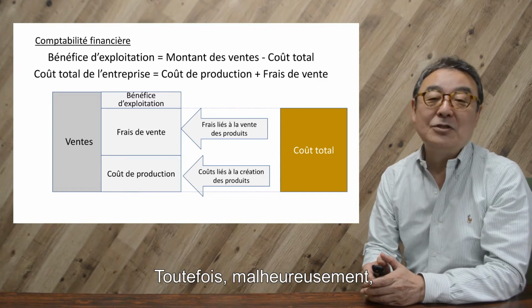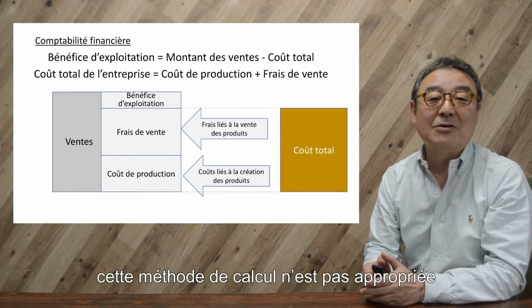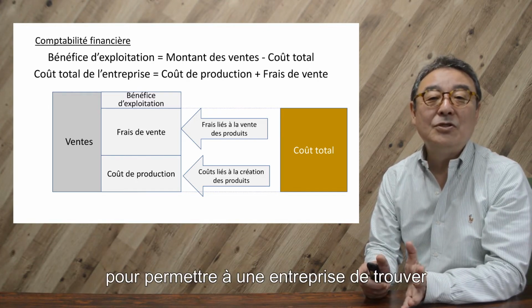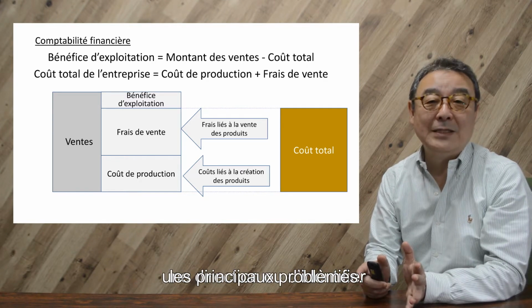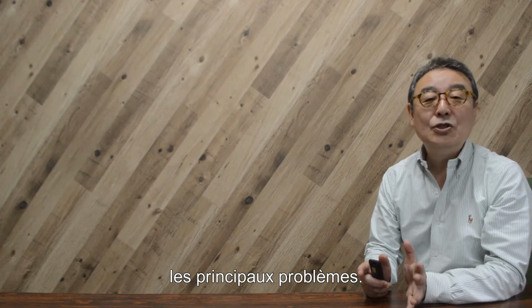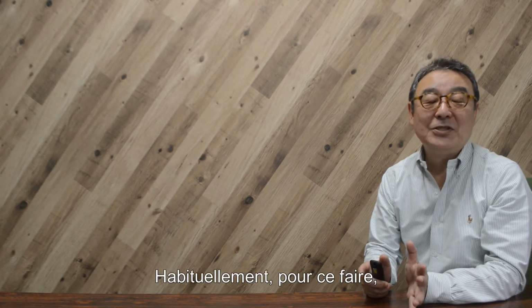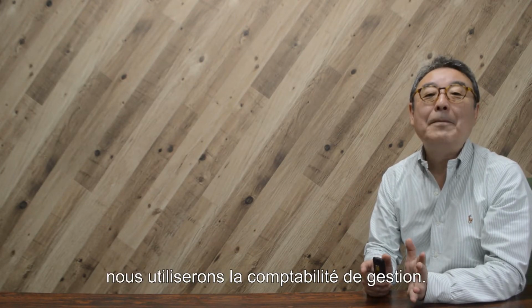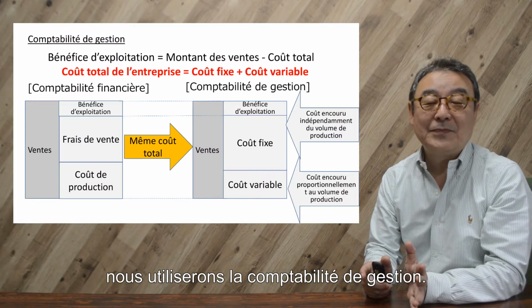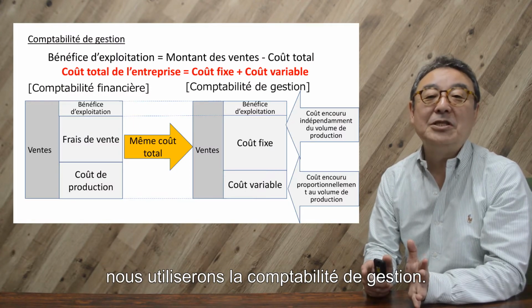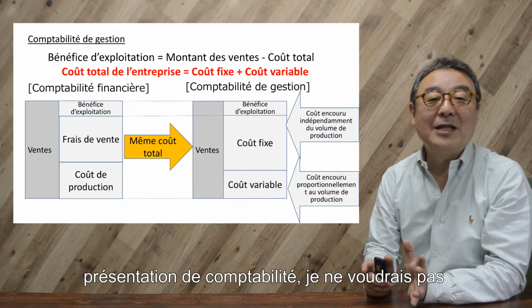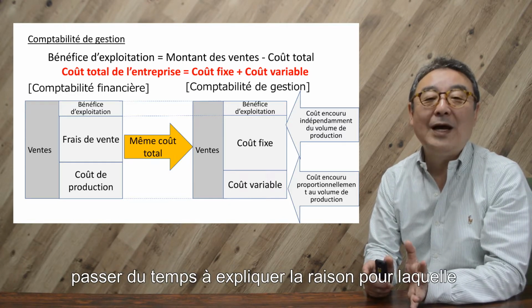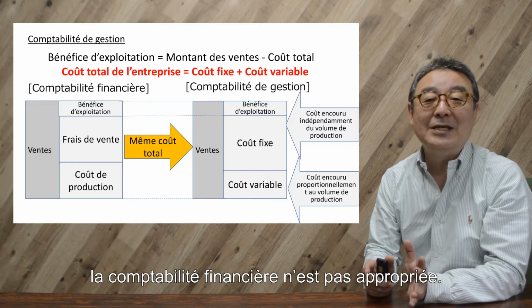However, unfortunately, this accounting method is not suitable to find direction, to find the key issue of the company. Usually, for the purpose, we will use management accounting. As I mentioned, this is not an accounting lecture, so I don't want to spend the time to explain why financing accounting is not suitable.